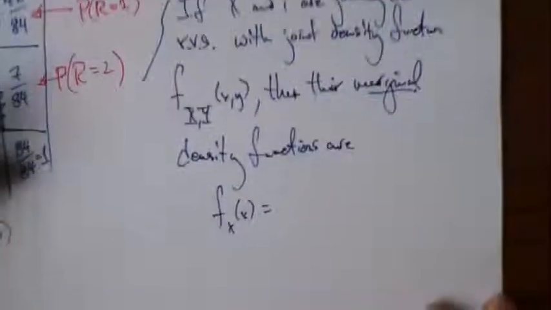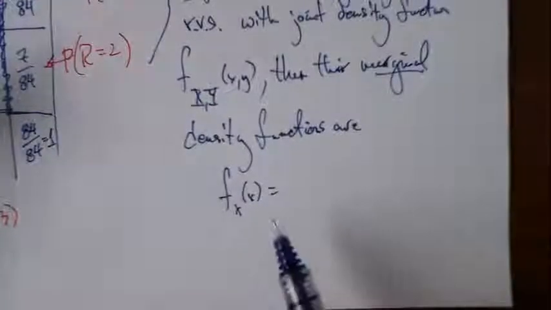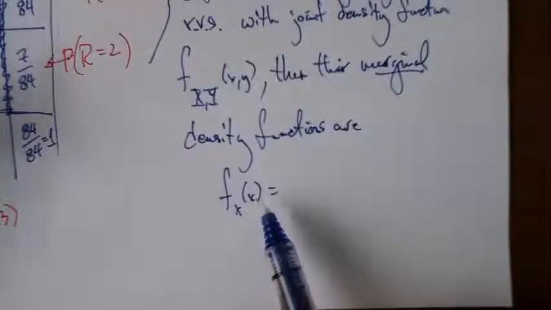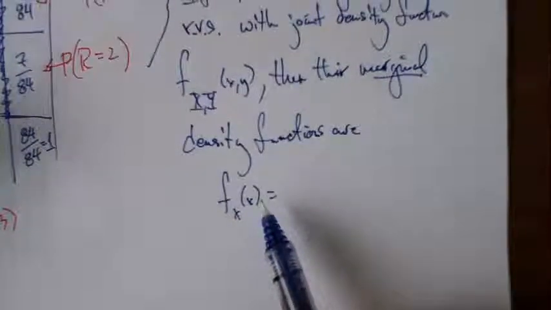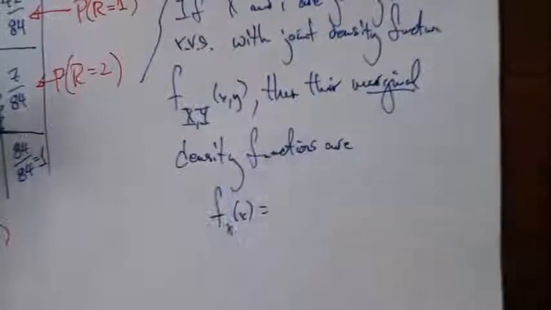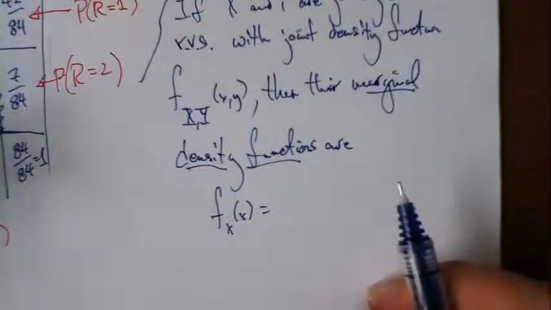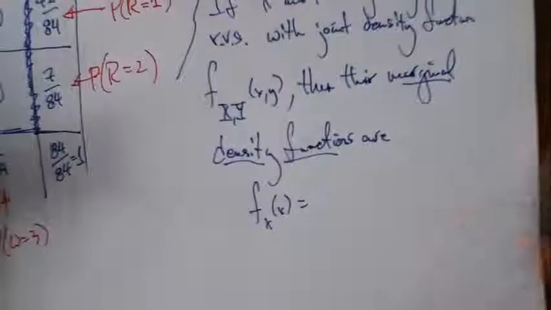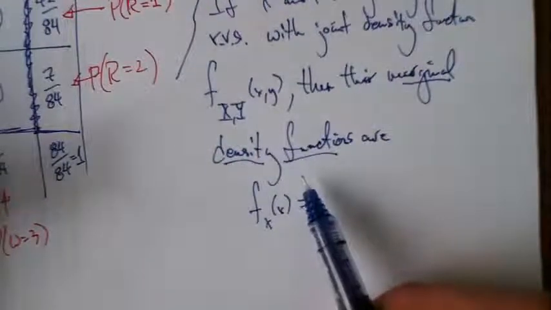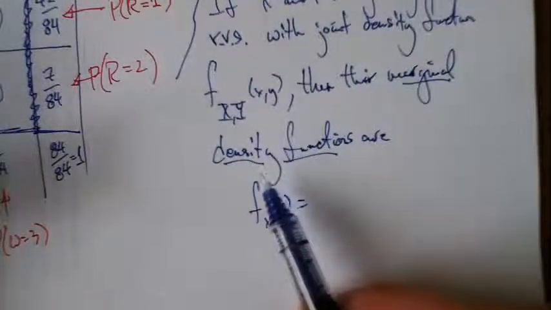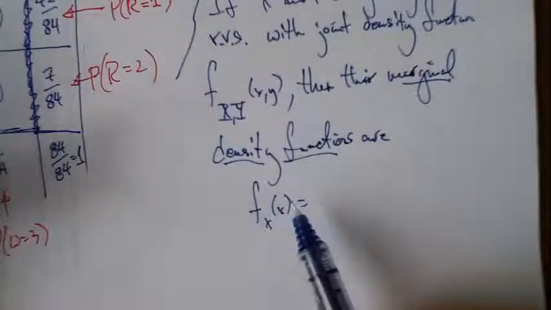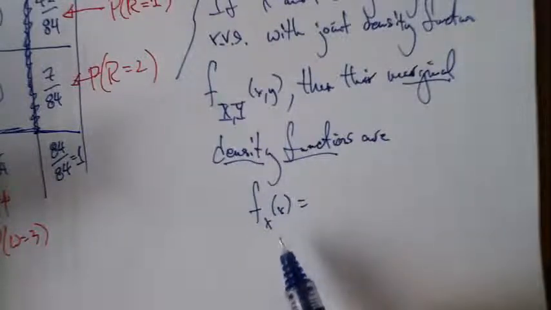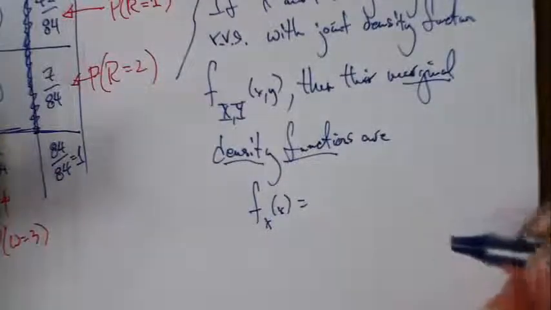And again, all I'm doing is writing down the density function for x. That's what the marginal density function is. When we say marginal density function, we're just tipping our hat to the fact that there are in fact other random variables out there, but we're just interested in the density function for x, and maybe we're getting it from the joint density function here.